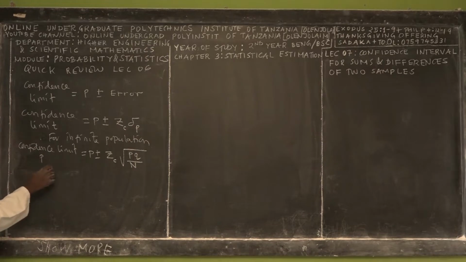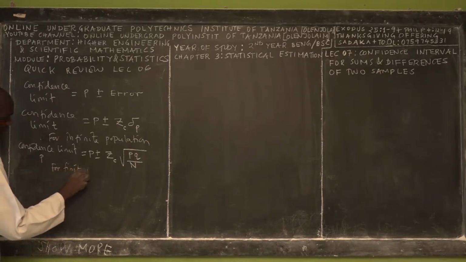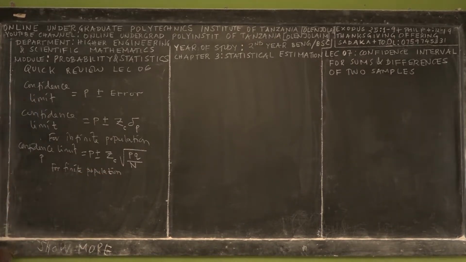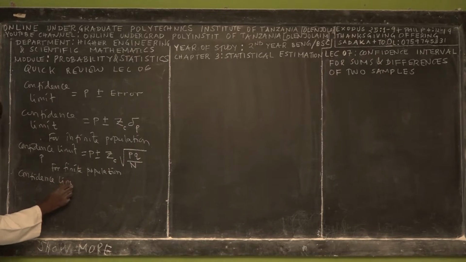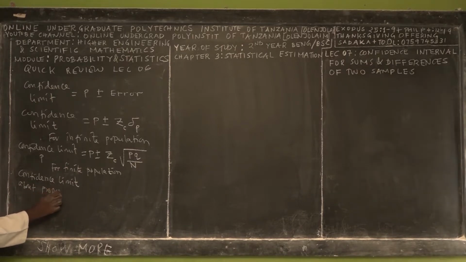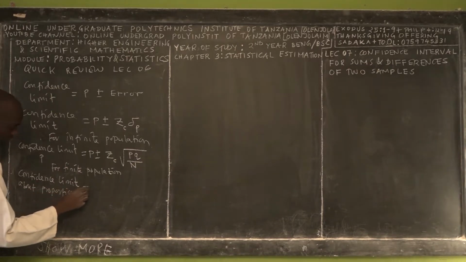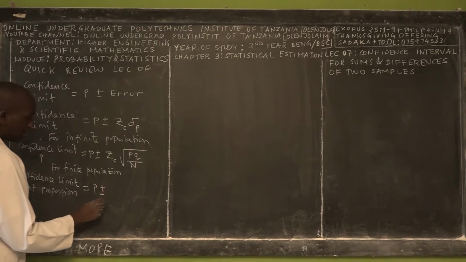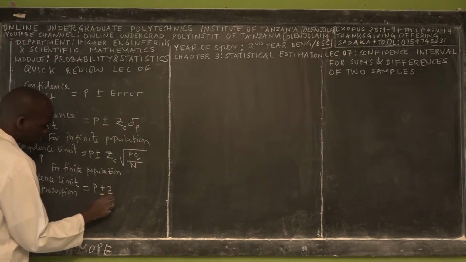For finite population, the confidence limit about proportion is equal to probability of success plus or minus the standardized value at critical value.